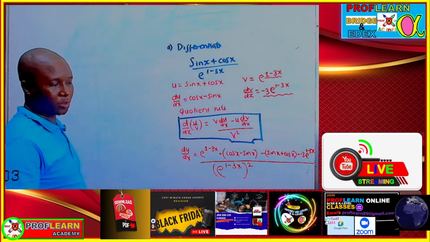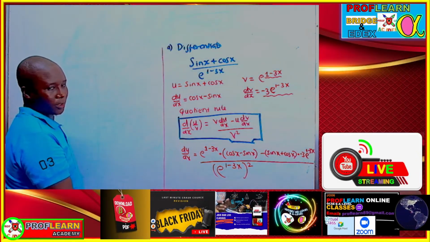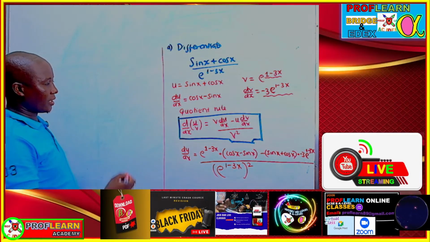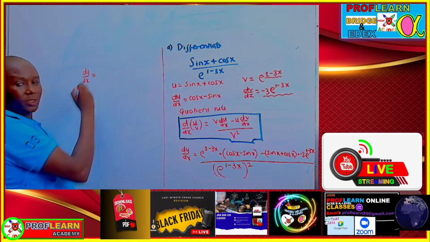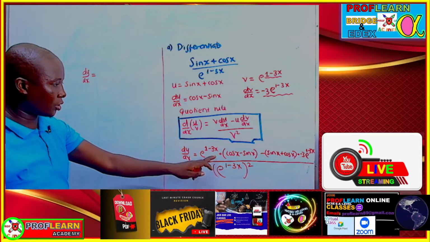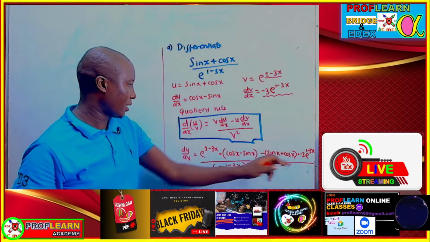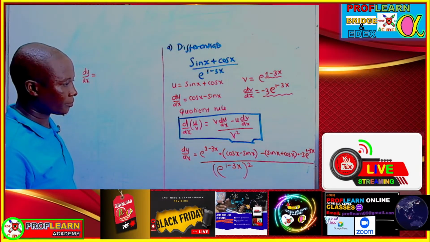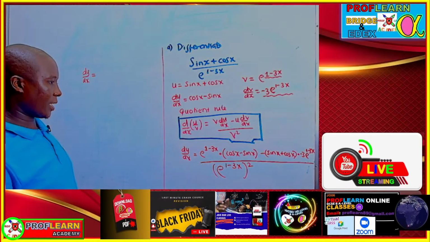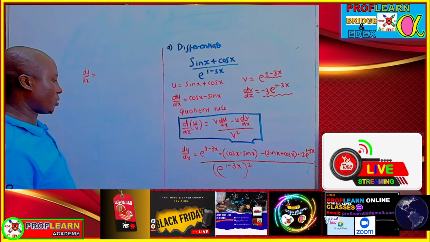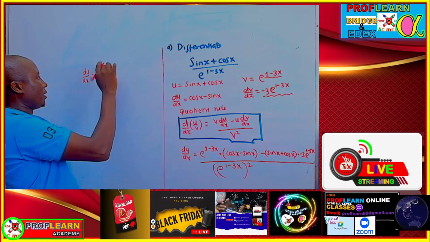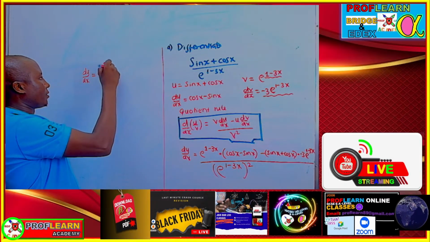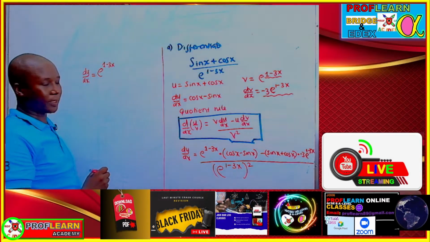We can simplify that expression further by saying that dy dx can be written as this expression. We are going to factor out the exponent. So if we factor out the exponent, what are we going to have? We're going to have e to the 1 minus 3x. We are factoring the exponent out.